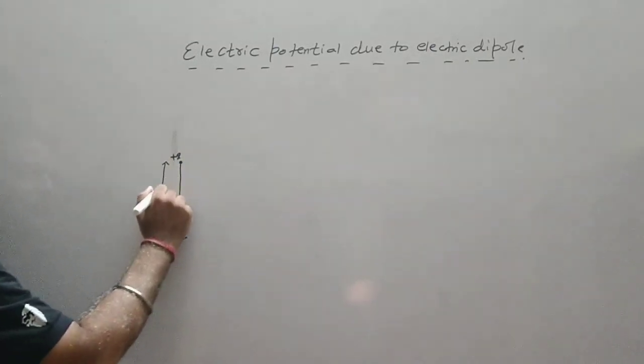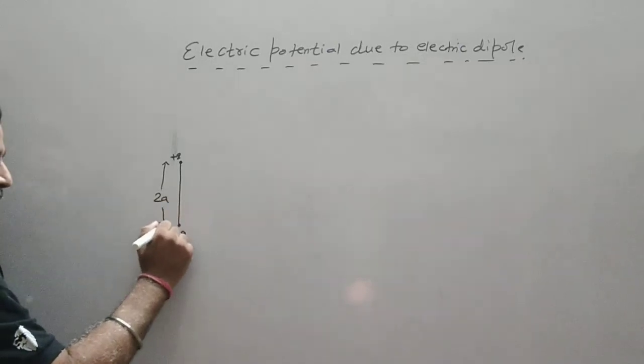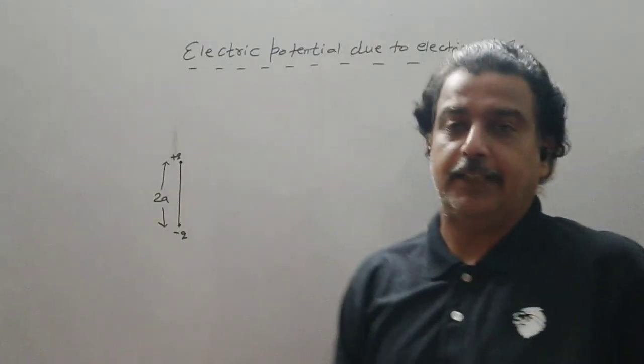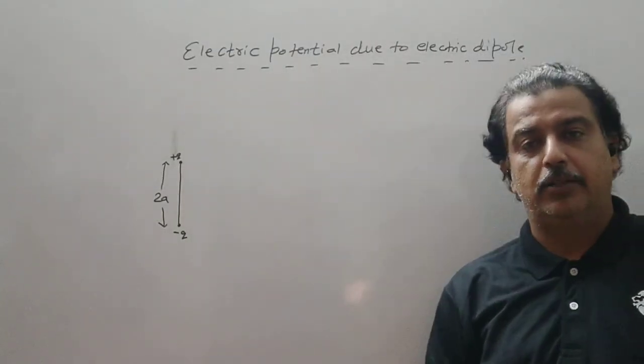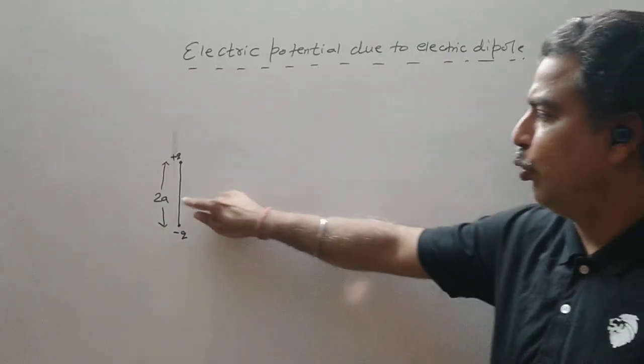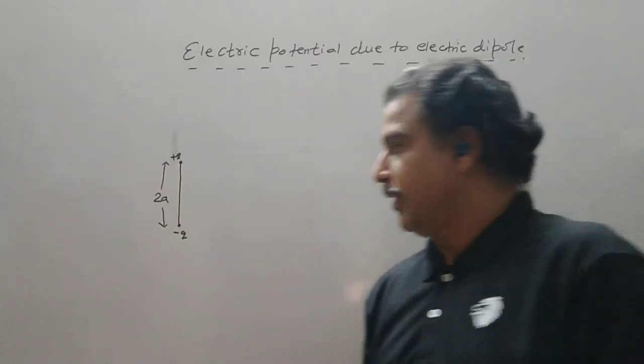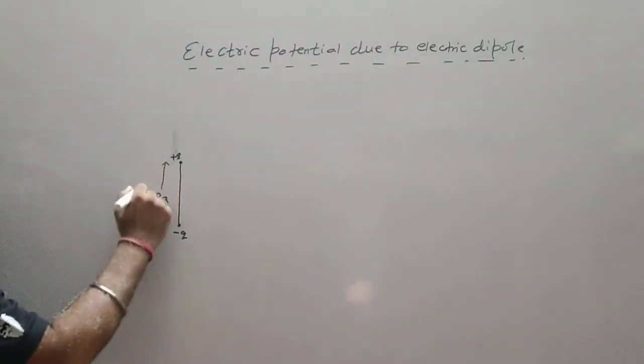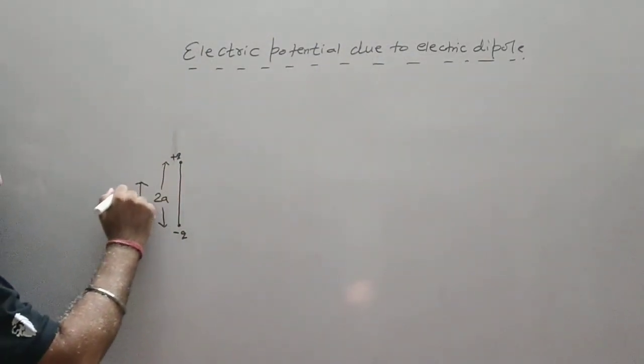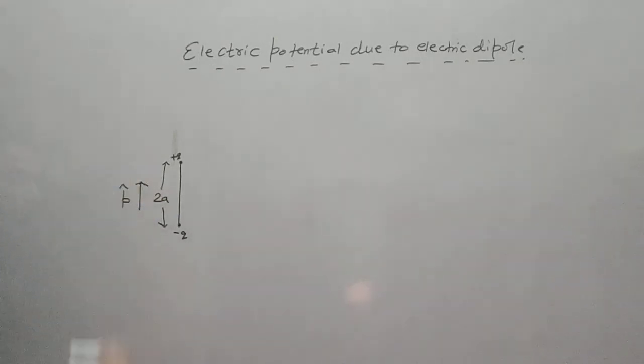Since we are dealing with scalar quantities, that is the potential or energy, instead of 2a vector I am writing the distance as 2a. The dipole moment is from negative to positive charge and it is denoted by p cap.